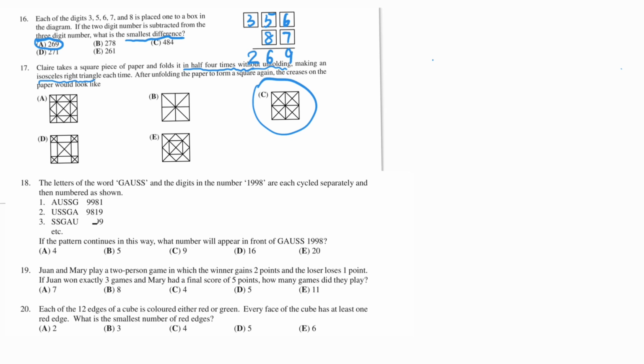We continue to do that. We find that Gauss has 5 letters, so every 5 times it becomes Gauss again. But for 1998, it has 4 digits, so every 4 times it repeats. If we want to get the same Gauss 1998, we find the LCM of 4 and 5, which is 20.